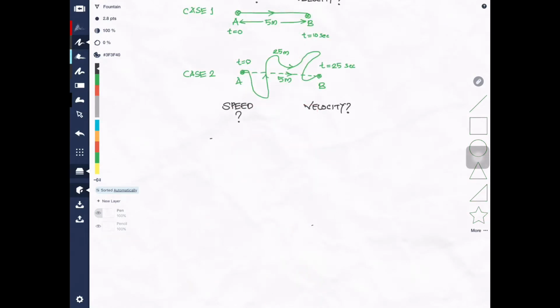Taking the help of equations, speed is distance divided by the time taken to travel the distance, and velocity is displacement divided by the time taken for that displacement.